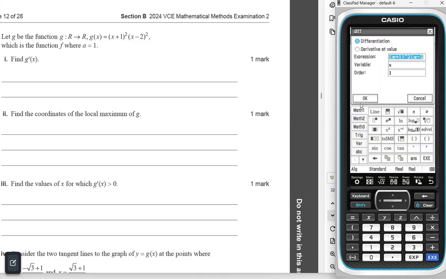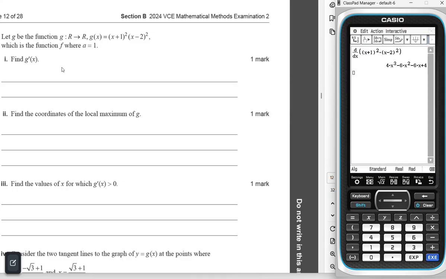Calculate derivative, first derivative, okay, and that gives me 4x cubed minus 6x squared minus 6x plus 4.